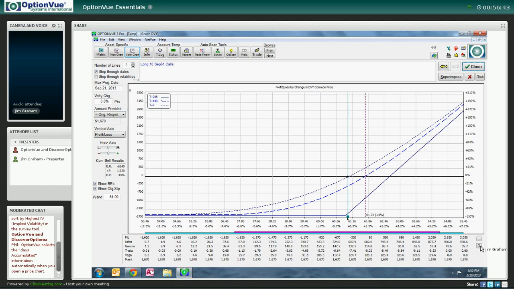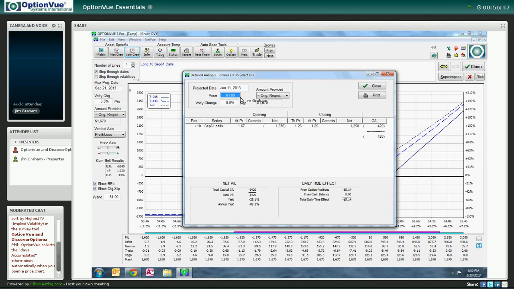I can actually click on this details button here, put the price in, 63, no change in volatility levels, and it's going to tell me right now I can buy it for $1.67. At this date in the future, at this price, it's going to be worth $2.60. That's how it calculates that I'll make a gain of $930.